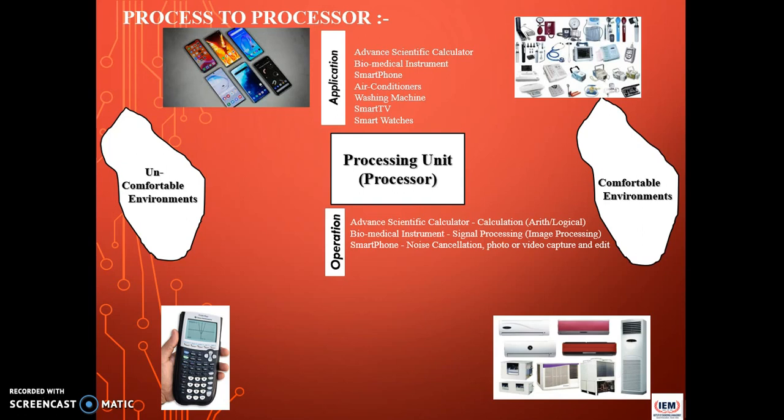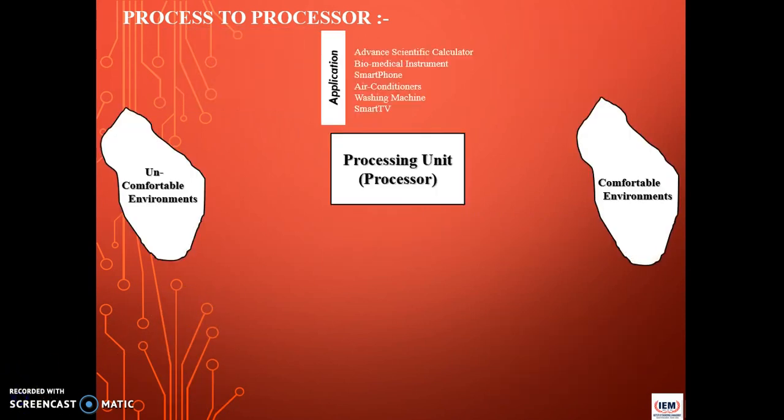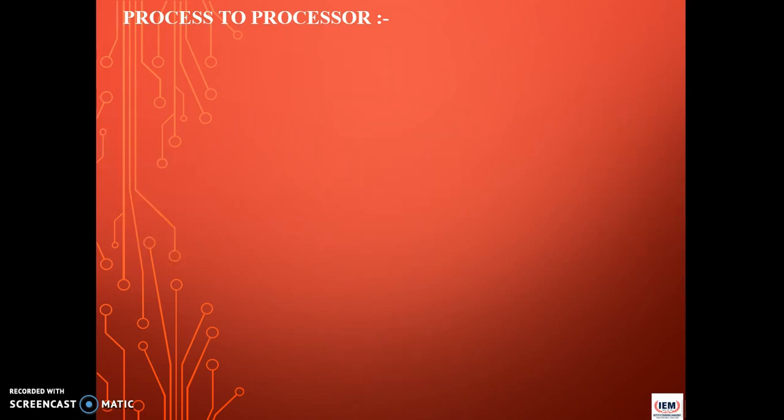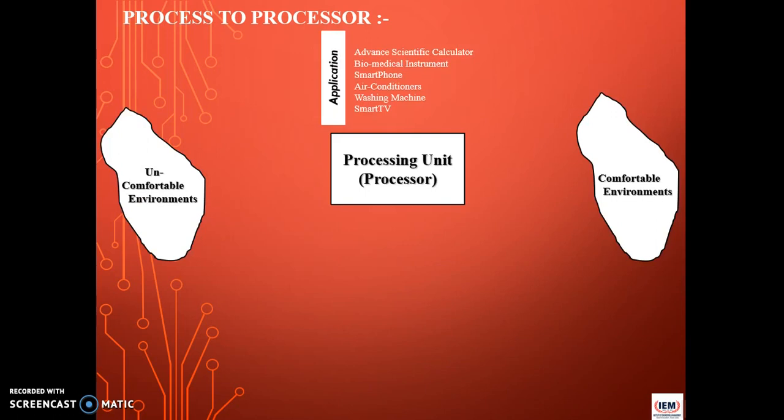This processing unit is typically considered in digital form. Why do we prefer digital? We know it is sophisticated in a small size, flexible, low power, etc. Now, the comfortable and uncomfortable zones or areas are typically analog, because those are natural, and all natural parts or signals are considered analog.